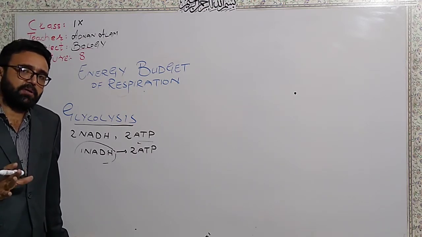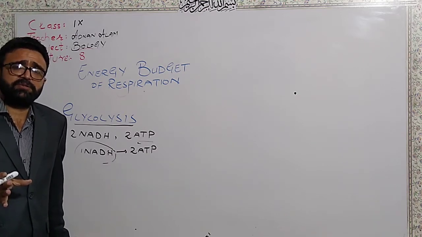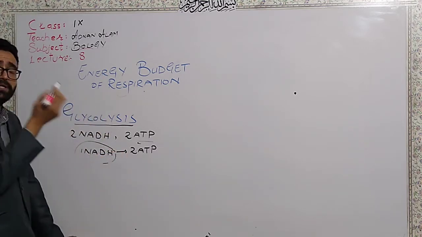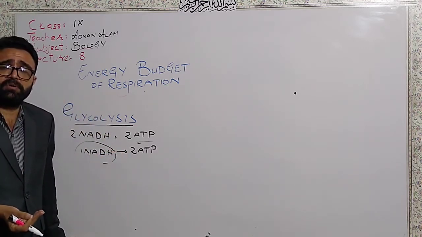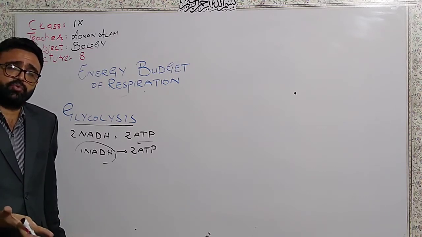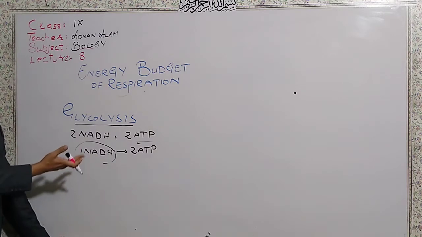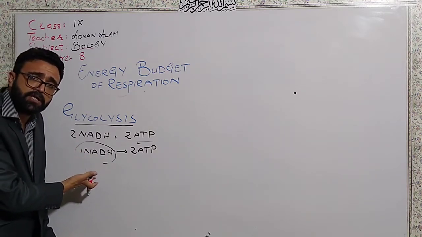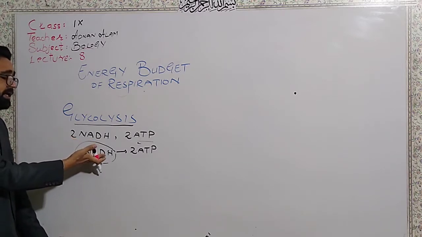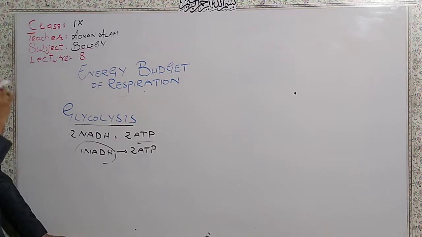There is no other reason behind this mystery of why 1 NADH of glycolysis gives us 2 ATPs and the same NADH in the Krebs cycle gives us 3 ATPs. The only reason is the transportation issue. It needs to be transported because it will give us energy in the electron transport chain, which is an energy harvesting process, and that NADH transportation needs 1 ATP molecule.